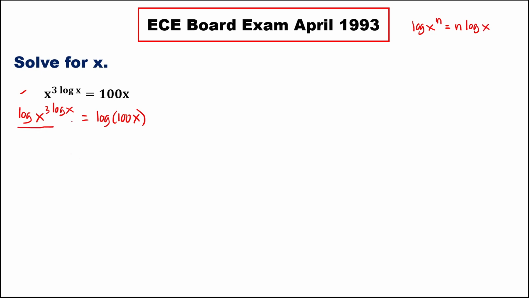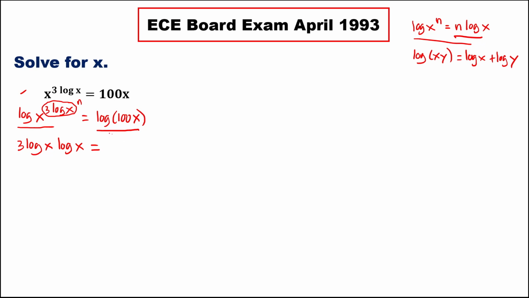So from this equation, using this property, and this is n, this becomes 3 log x times the log x, equals, using the product property of logarithm, that log xy is equal to log x plus log y, so this becomes log 100 plus the log x.